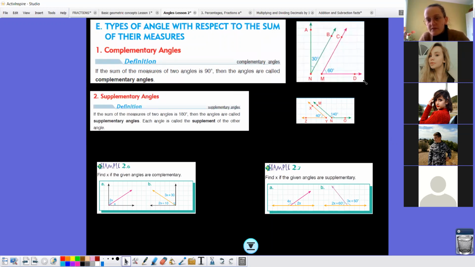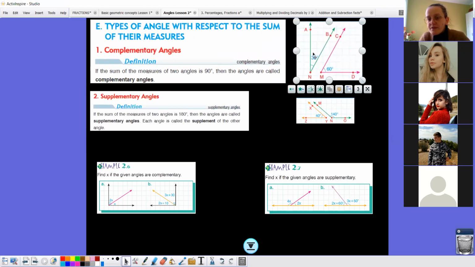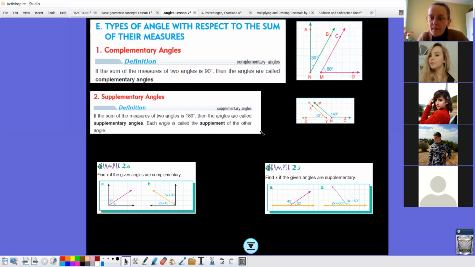For example, we have 30 and 60, two angles. One of them is 30 degrees, one of them is 60 degrees. If we add them, we get 90 degrees. So the angles A and B and the angles C and D are complementary angles.